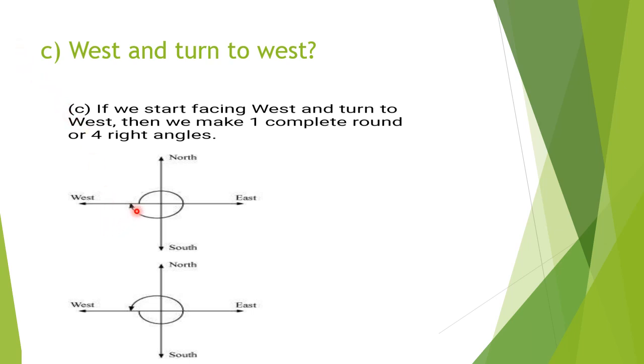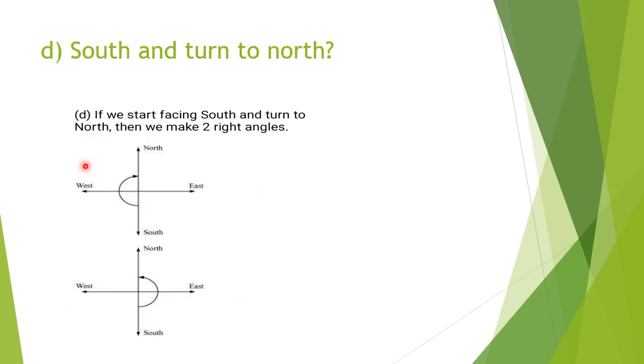If we start facing west and turn to west clockwise, then we make one complete round or four right angles. If we start facing west and turn to west anti-clockwise, then also we will make one complete round or four right angles. D. South and turn to north. If we start facing south and turn to north, we make two right angles, whether it is clockwise or anti-clockwise.